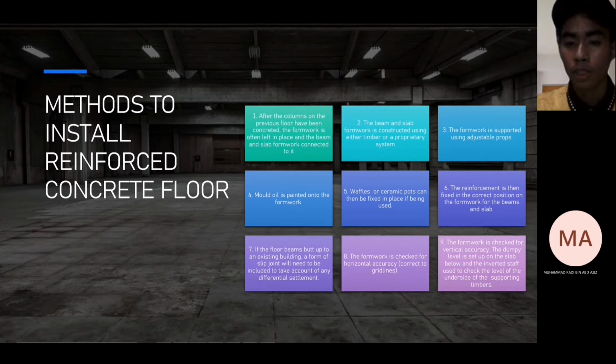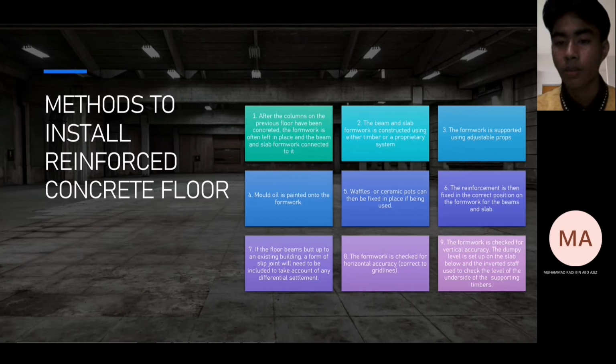The beam and slab formwork is constructed using either timber or a proprietary system. Third, the formwork is supported using adjustable props. Mould oil is painted onto the formwork. Removable wafer or ceramic pot can be fixed in place if being used.